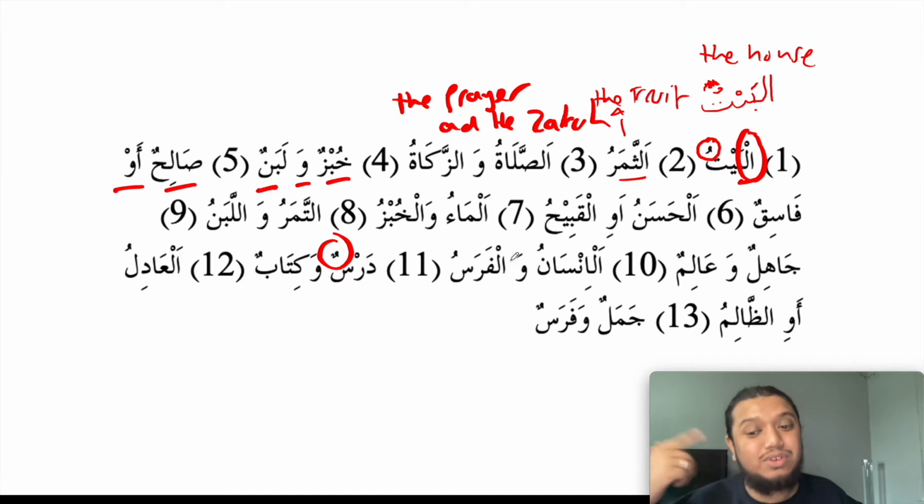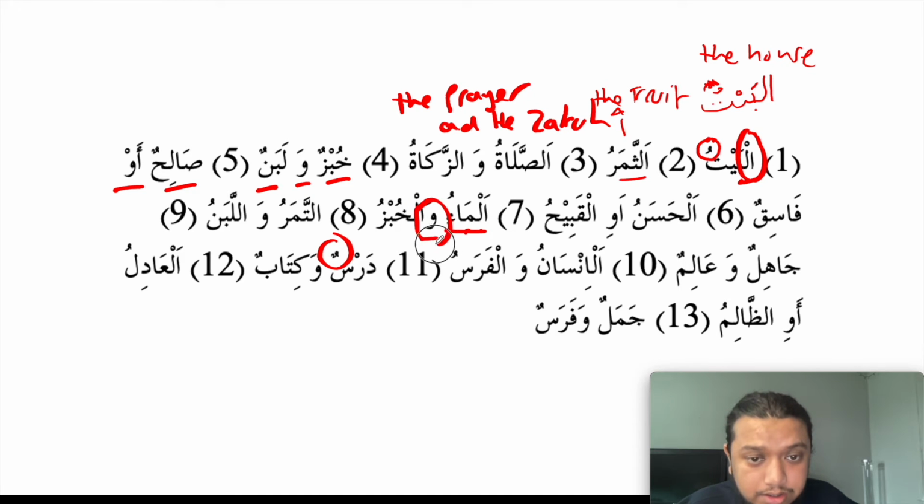It can also metaphorically mean the good and the bad. Al-ma'u wal-khubzu, the water and the bread. At-tamaru wal-laban, the dates and the milk.